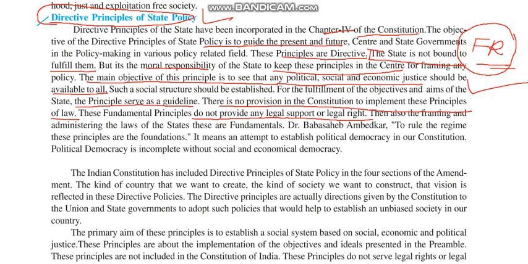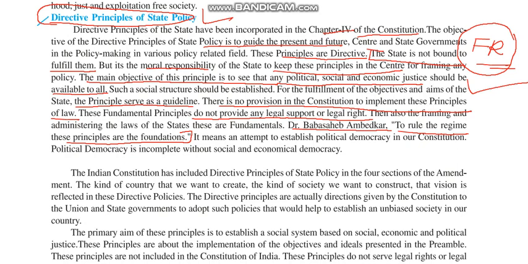Then, for the framing and administration of the laws of the state, remember this line, Dr. B.R. Ambedkar said that to rule the realm, these principles are the foundation. If you want to rule in the best way, then these are the foundation. If you follow this, then the state can be an ideal state, one of the best states possible.